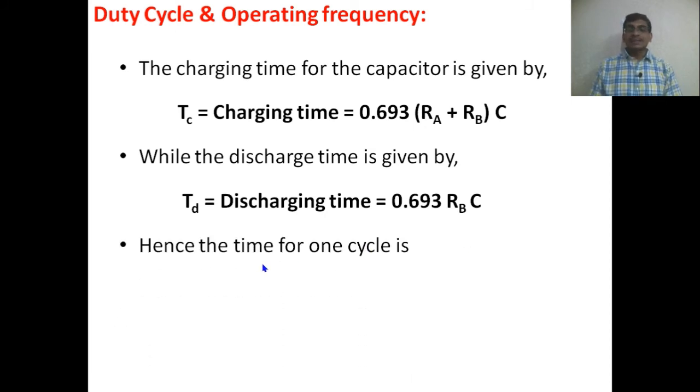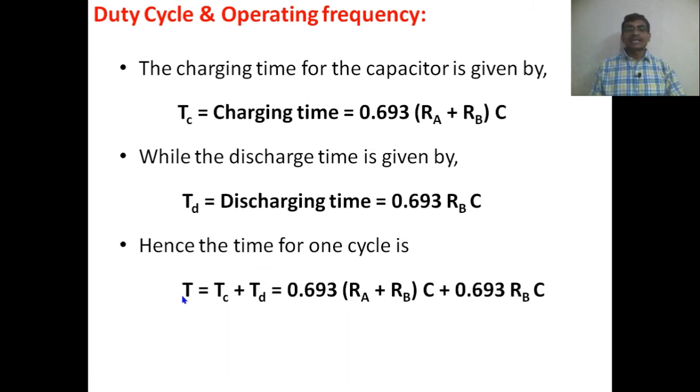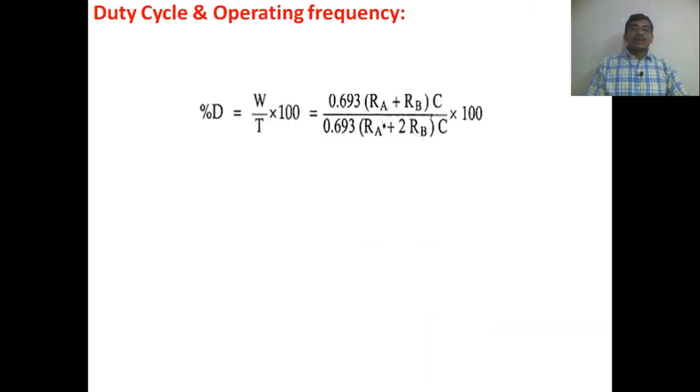Hence, the time for one cycle is T equal to the charging time plus discharging time, Tc plus Td, which is 0.693 into (Ra plus Rb) into C plus 0.693 into Rb C, equal to 0.693 into (Ra plus 2Rb) into C. That is the time period of the output waveform.